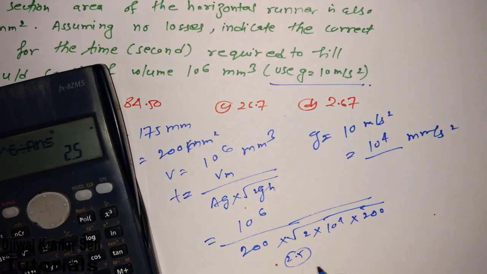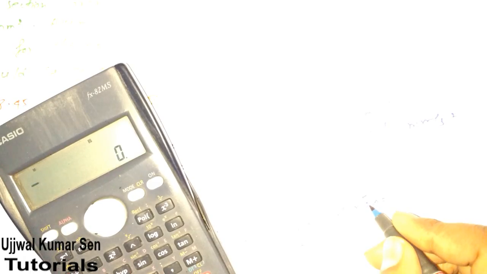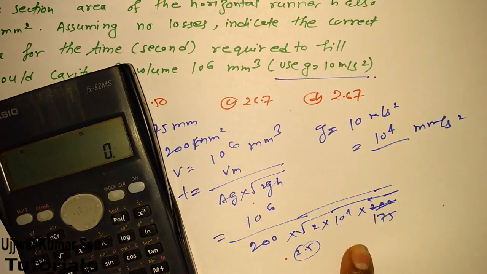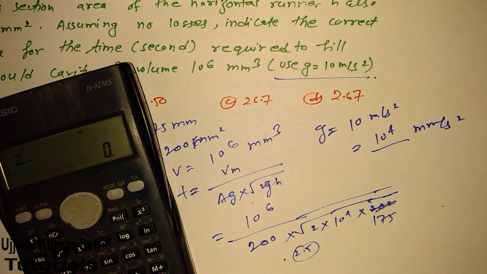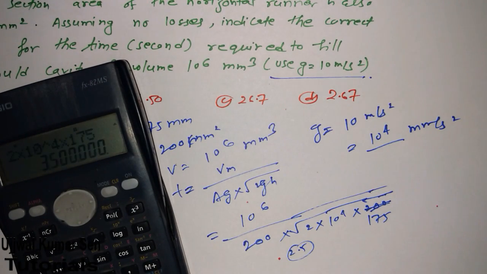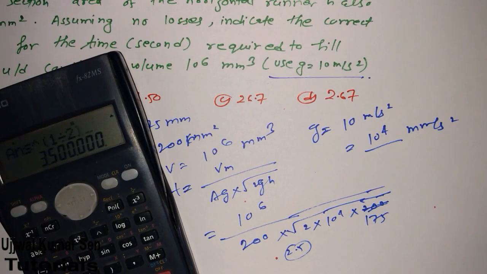Probably I'm doing it right. So 10 to the power 6 divided by the answer is 2.5. Am I doing anything wrong? I don't think so. Okay, so h is not 200, h is 175, right?